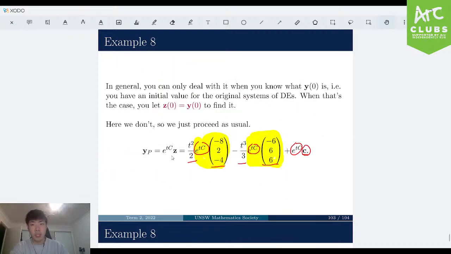This solution here is already different to what we had in the homogeneous case. But yes, we don't know what c is. I guess we are coming up with a non-unique particular solution, if that makes sense. If we had slightly more information, we could come up with the unique solution.